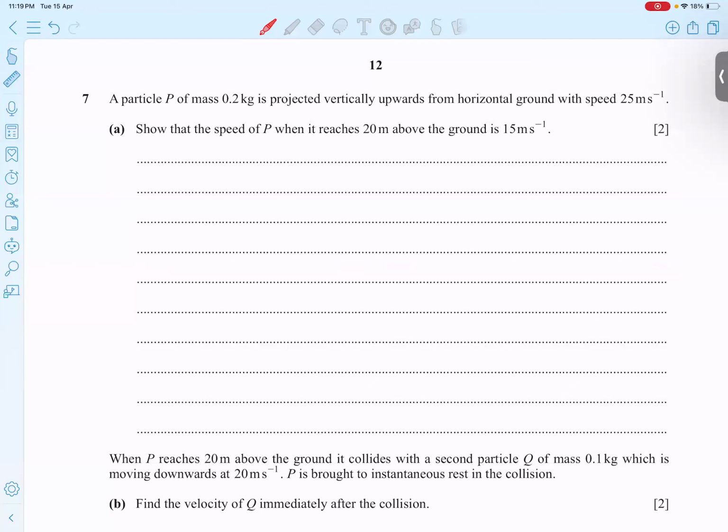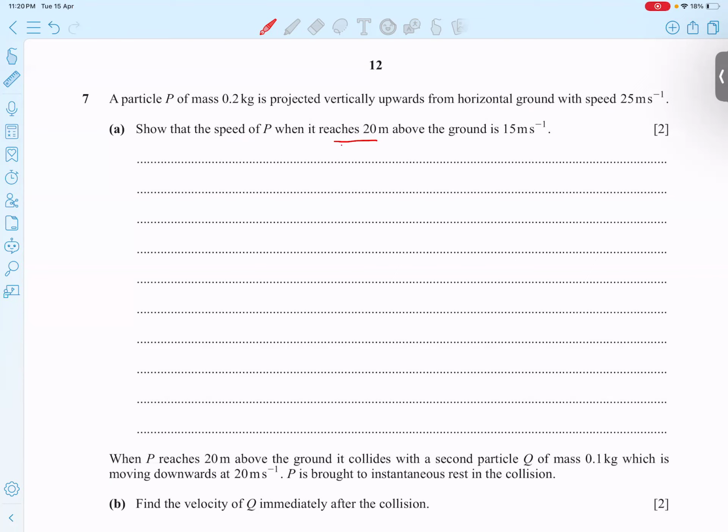Question number 7 we have. Particle P of mass 0.2 kilogram is thrown upwards from the ground with a speed of 25. So the projection speed is 25. And show that the speed of P when it reaches 20 meters above the ground is 15.